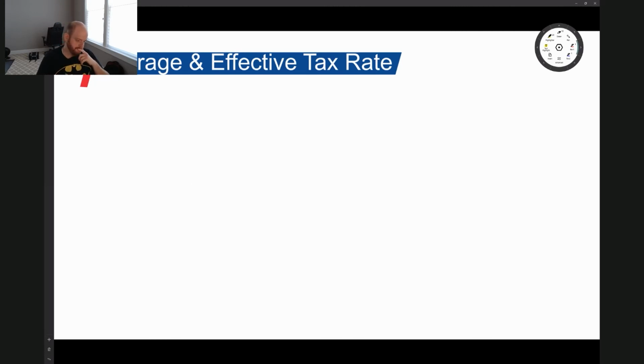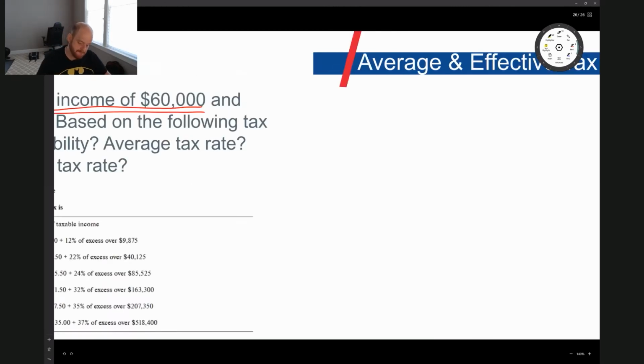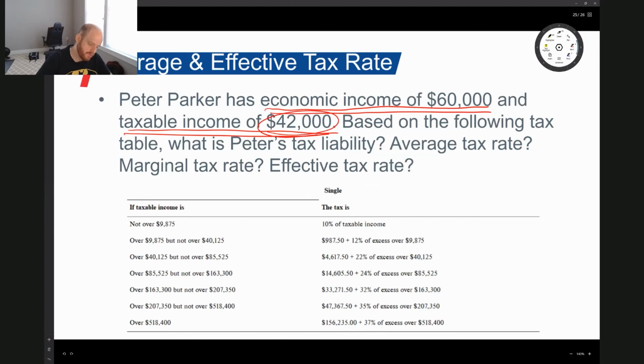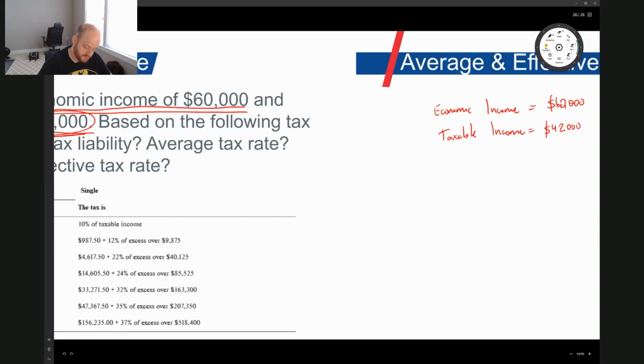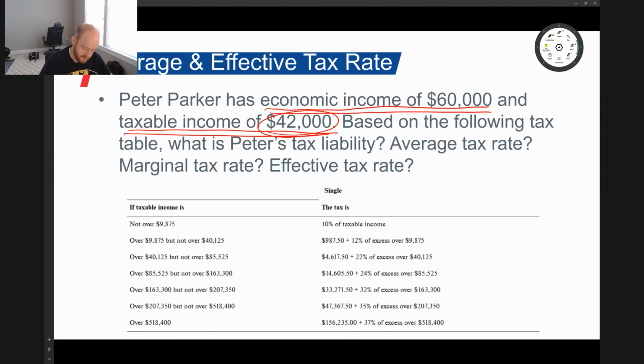So Peter's taxable income, we said, was $42,000. So he has economic income of $60,000 and he has taxable income of $42,000. Now looking at the rate structure, right? Any amount up to $9,875 is going to be taxed at 10%.